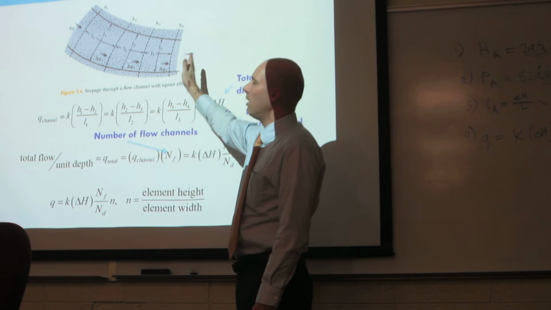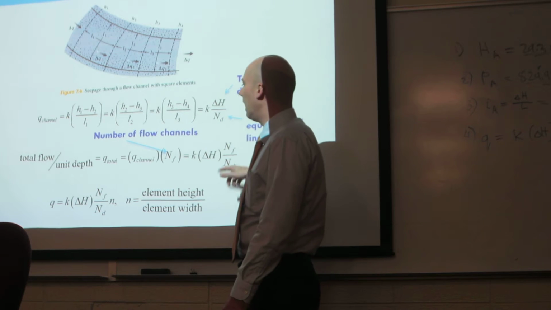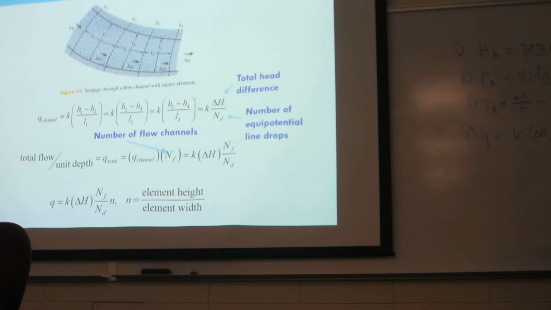If I know the area of that third dimension, the length basically, then I can get the actual estimate of flow. But I mean, that's where that comes from. That's the derivation. That's my I, basically, K times I.